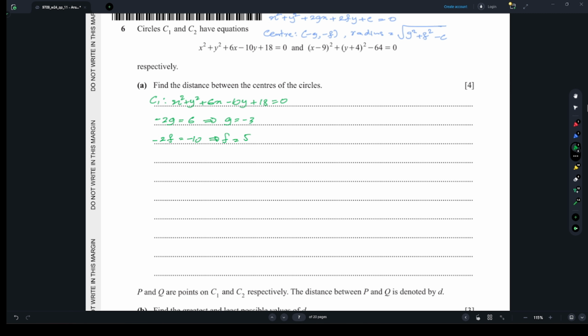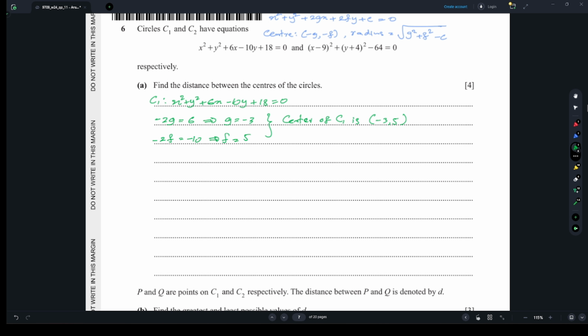So from this, you can find the center. Let's write it all down. The center of C1 is (minus 3, 5).